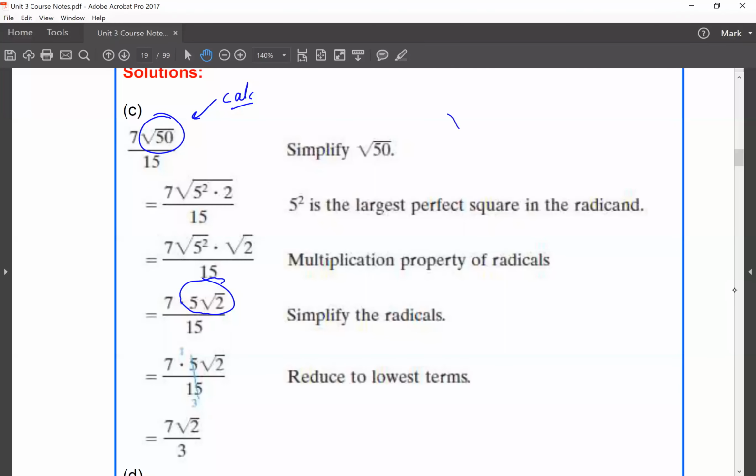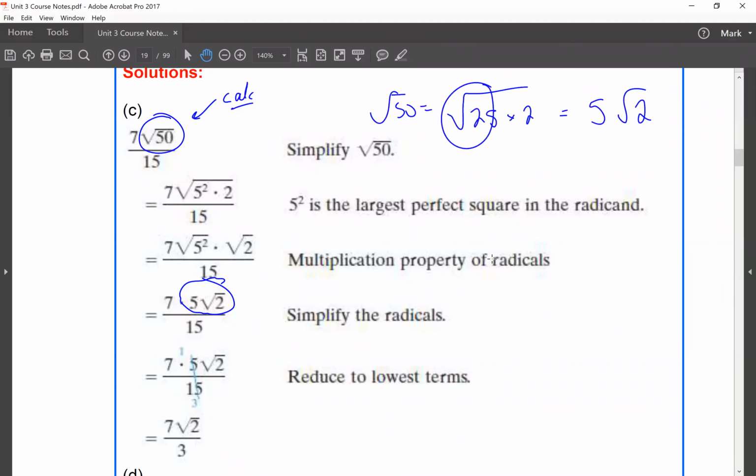How did root 50 become 5 root 2? Well, root 50 can be simplified as 25 times 2, and the square root of 25 is 5. With numbers, I don't have to write details, right?